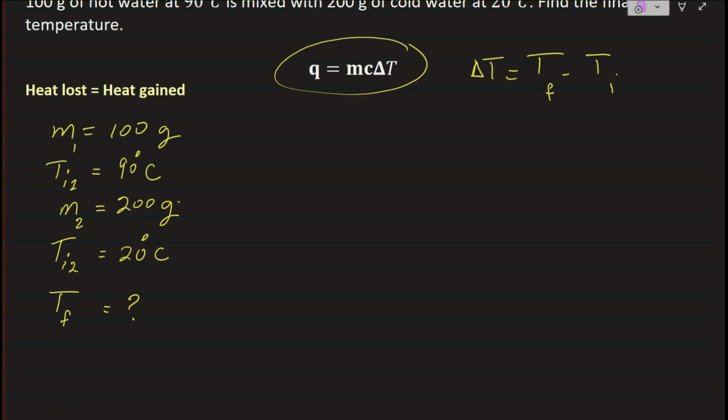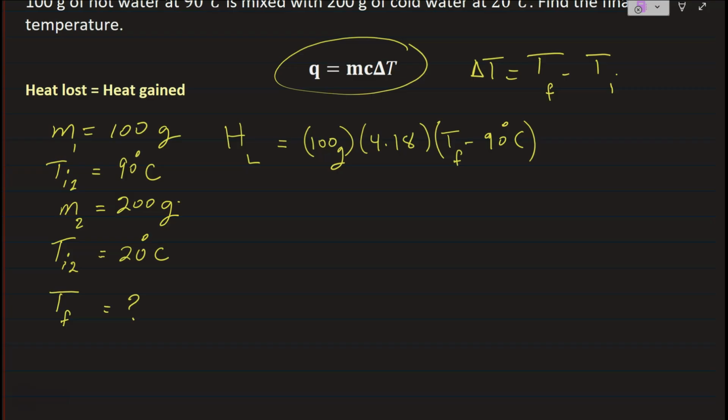We're going to write up the MC delta T for both. So that is 100 grams, and then the specific heat capacity for water, and then this is T final minus 90 degrees. This equation is for the heat loss, HL, okay?